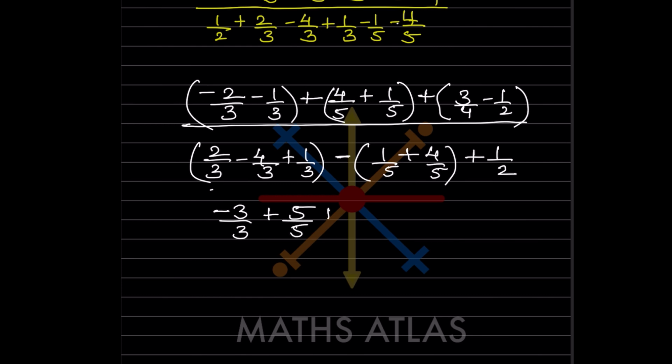And the other one, because the denominator is 4, here we can multiply by 2 to make it 4. So 3 minus 2 by 4. So I'll write here 3 minus 2 by 4.